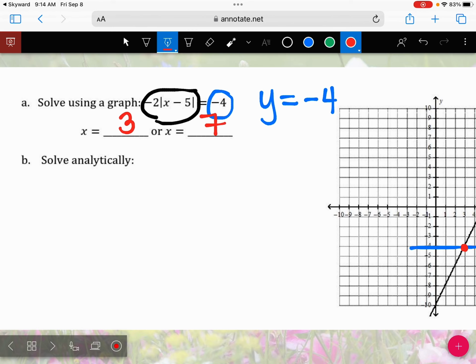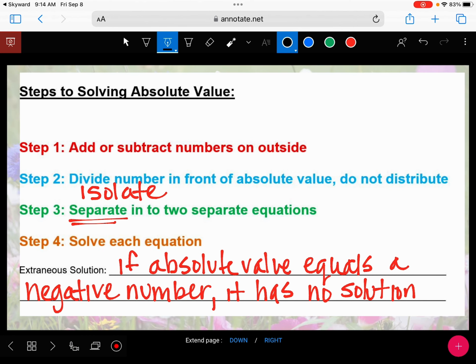But what if we didn't have a graph? How could we figure that out? And now let's solve it analytically. So let me go ahead and copy this down again. This is the equation. So we look at our steps. We don't have anything to add or subtract, but we do have a number in front of the absolute value.